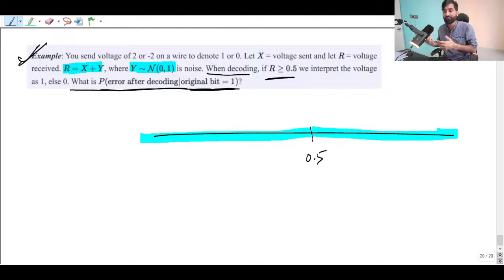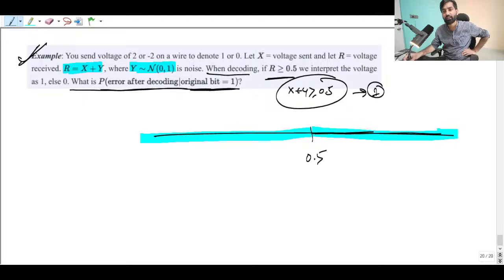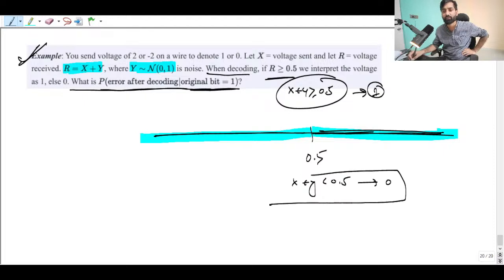Given that the original bit is 1, if X plus Y is greater than 0.5, then you're going to receive 1. And if X plus Y is less than 0.5, you're going to decode it as 0. This is the correct decision.